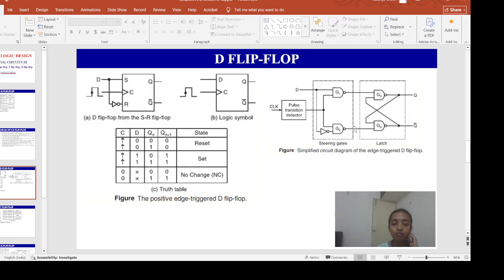So for S bar 0 and R bar 1, what will happen? The flip-flop output will be 1. That is, it follows the D input.